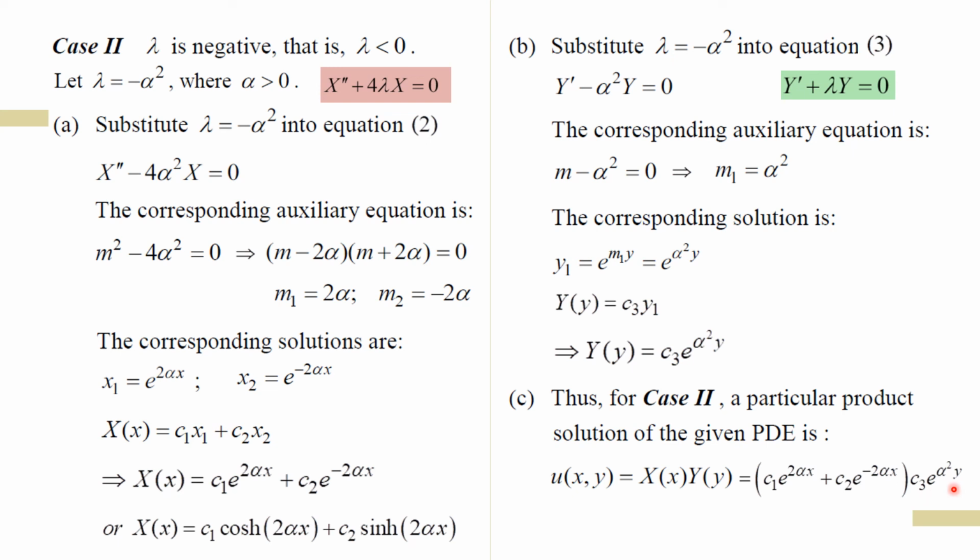Now if you want to use the definition of hyperbolic cosine and hyperbolic sine, then the particular product solution for the given PDE is given by u of xy is equals to c1 cosh 2 alpha x plus c2 sinh 2 alpha x multiplied by c3 e to the power of alpha squared y. Okay, so this is the result for case number 2 where lambda is negative.